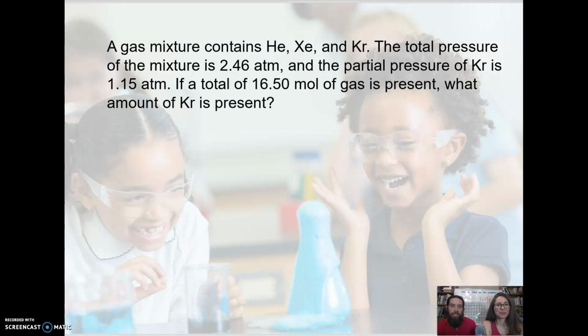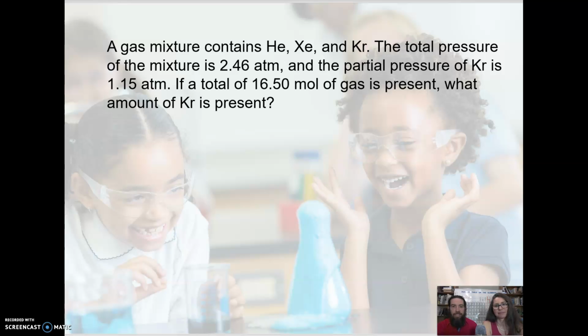All right, you want to talk through this one? Sure. So we've got a mixture. We have 3 different gases in the mixture and they gave us the total pressure. They gave us the partial pressure of the krypton at 1.15 atmospheres. This is less than the total, which makes sense. And if there's a total of 16.5 moles of gas present, what amount of Kr is present?